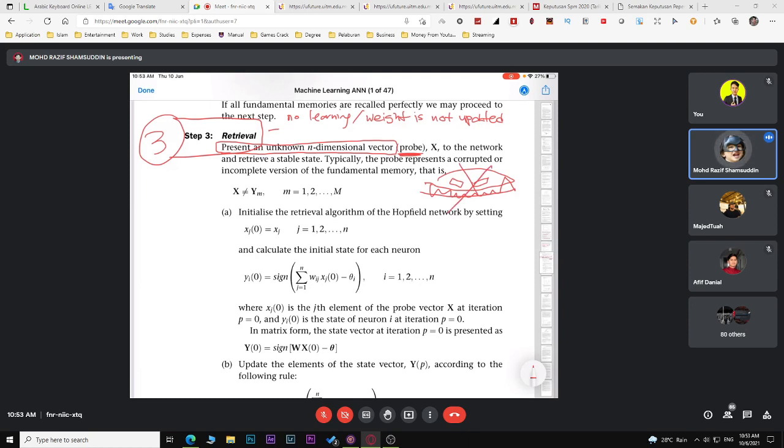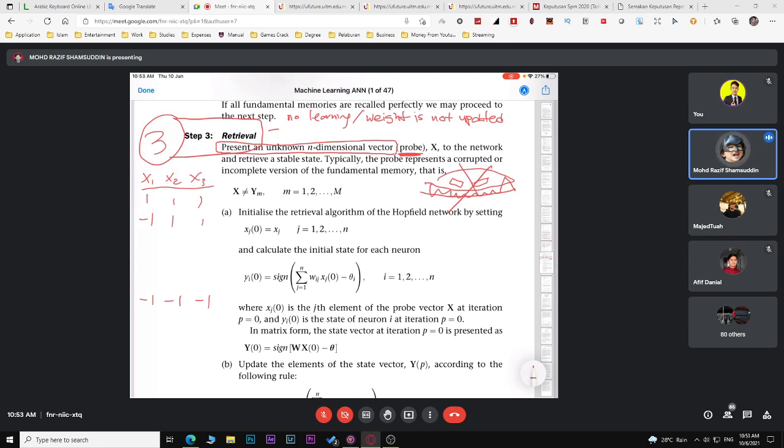Okay, probe yang ini. Kalau kita ada vektor kita x1, x2 dan x3. So this is the stable state. So the unstable state are the unknown n-dimensional vector.